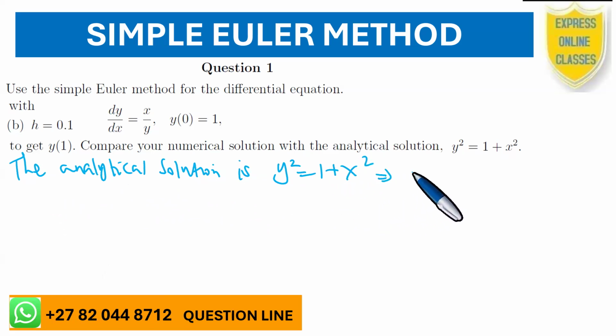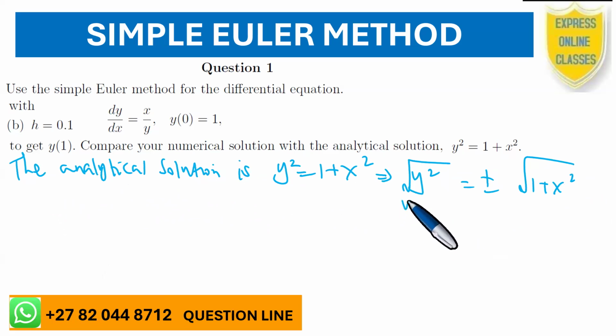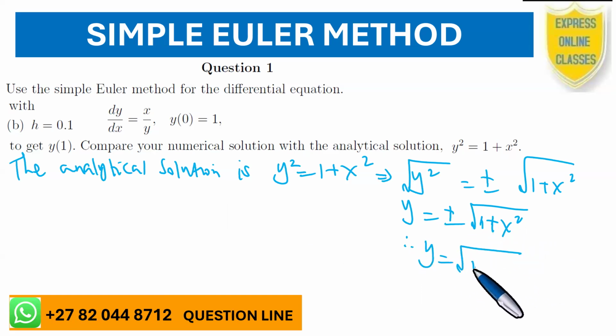Solve for y and take the square root on the left and the square root on the right: plus or minus the square root of 1 plus x squared. But obviously, because our y is positive, we can take y equal to the positive square root.